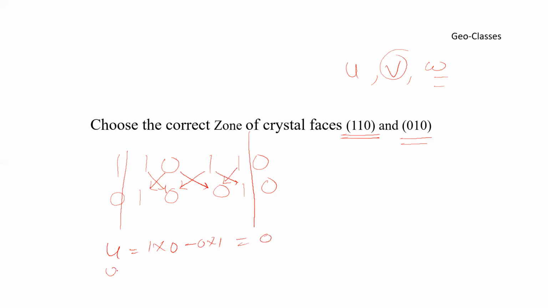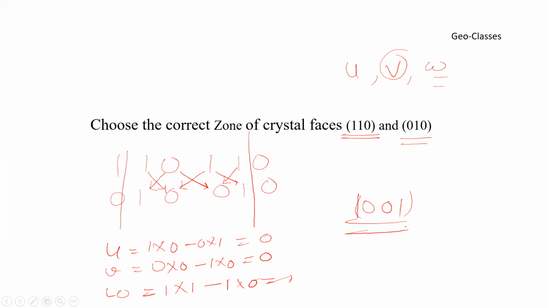V is 0 multiplied by 0, 1 multiplied by 0, which is 0. W is equal to 1 multiplied by 1 minus 1 multiplied by 0, which is equal to 1. So we have got 0, 0, 1 as a zone, right? Like this you will have to solve. Hope you understand how we will be solving all these.